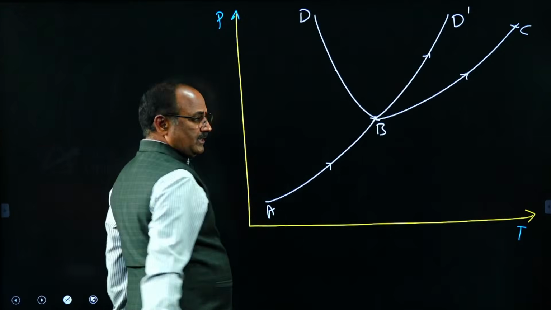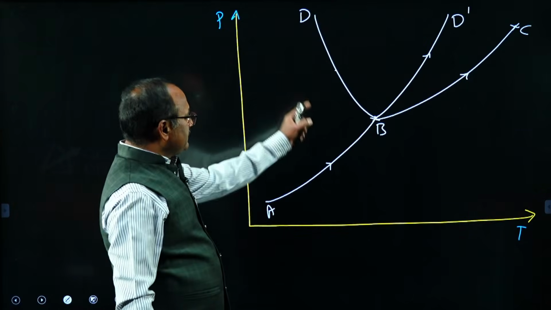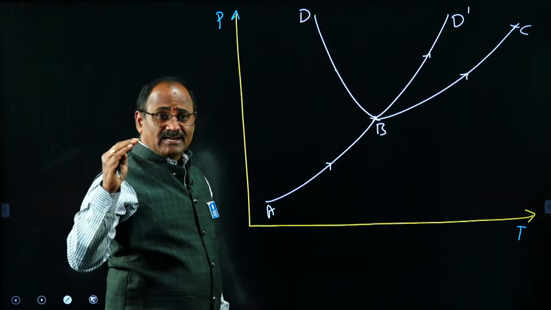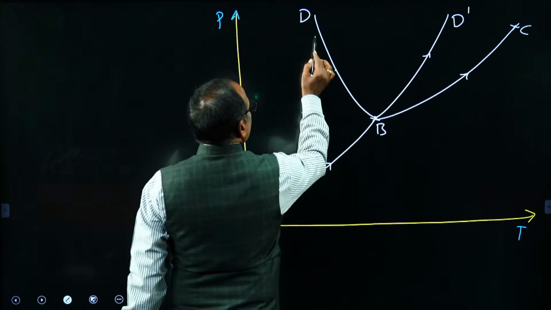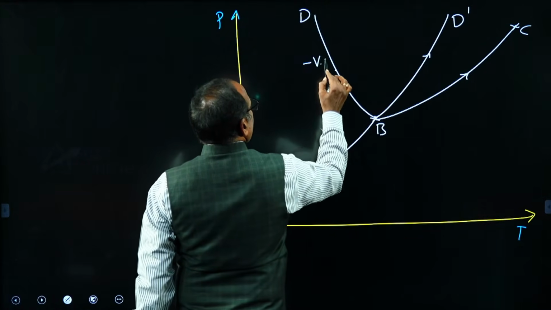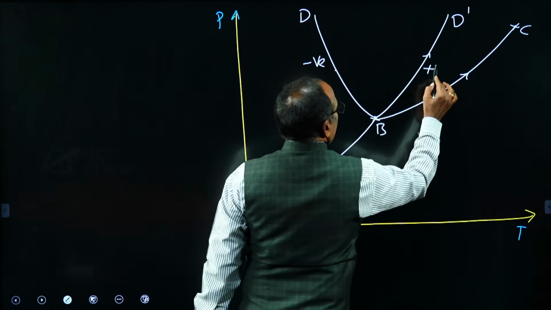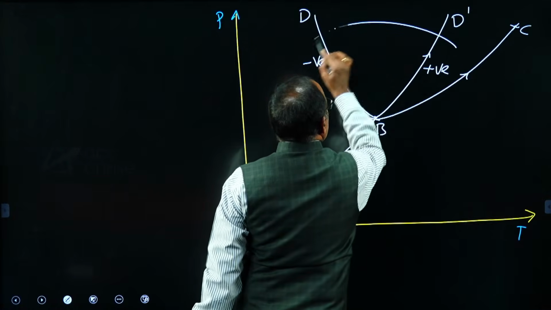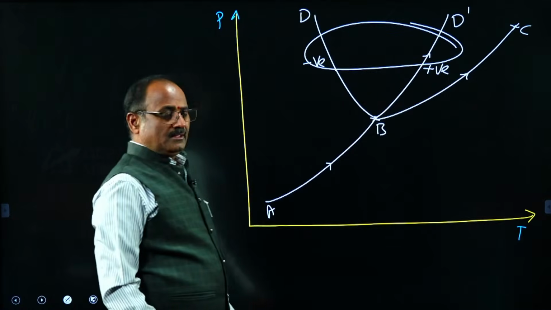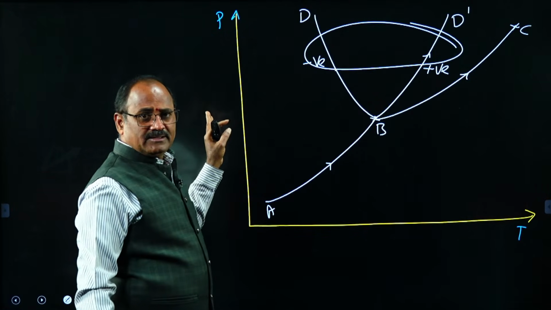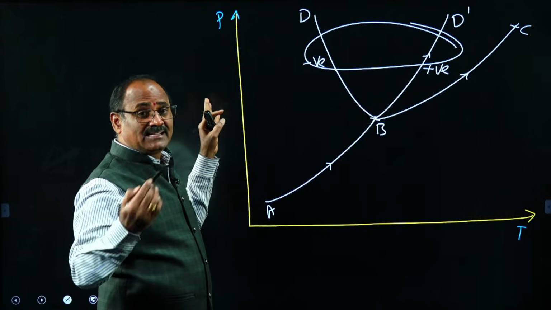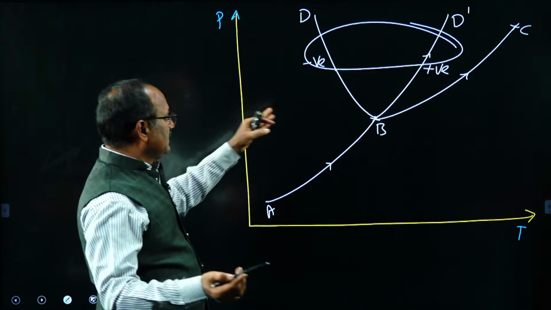BD is also a melting curve for those materials which decrease their volume during the melting process. This curve maintains a negative slope and this curve maintains a positive slope, but both come under melting curves only. This curve maintaining negative slope means as the pressure increases, melting temperature decreases for those materials which decrease their volume during the melting process, right?